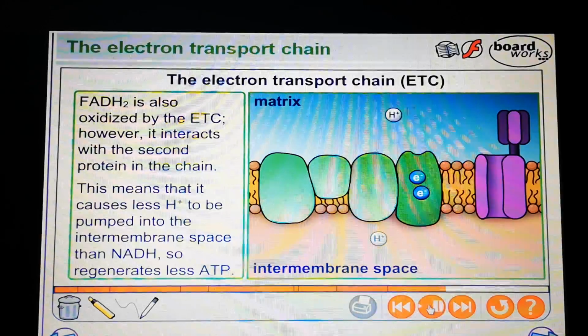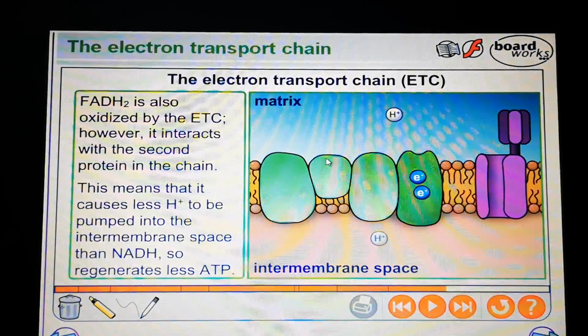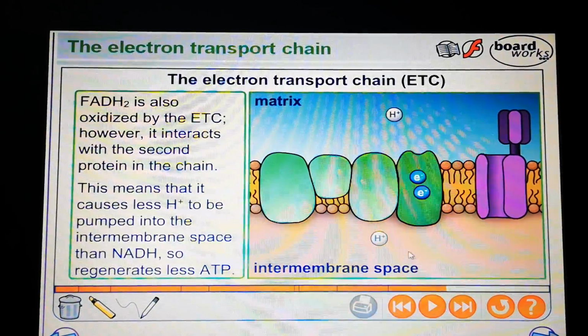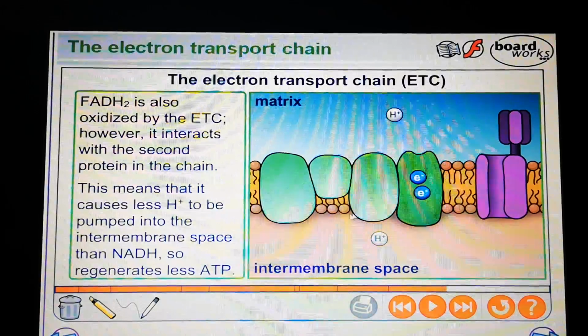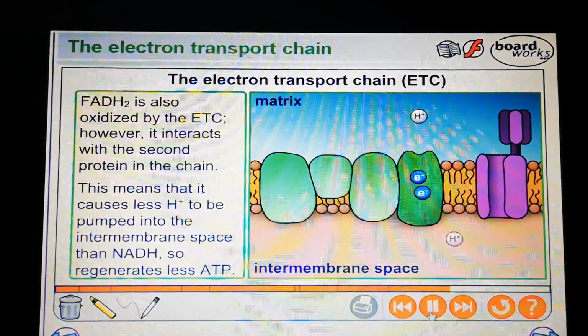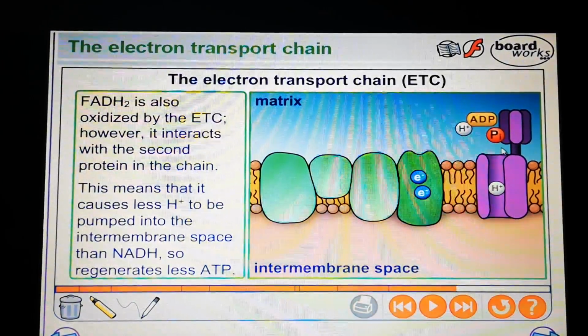So the earliest that a proton can be pumped in is here, as the pair of electrons move from this protein to that protein there. It ultimately means that there's not going to be as many protons in the intermembrane space. And if there's not as many protons in the intermembrane space, there won't be as many protons moving through the ATP synthase channel.